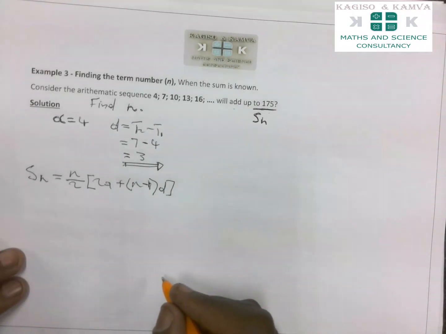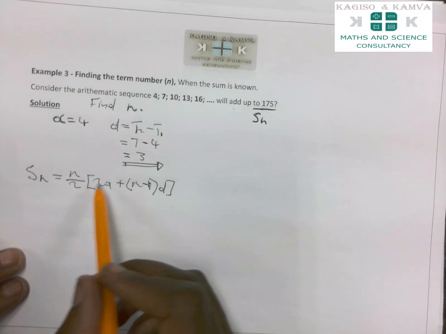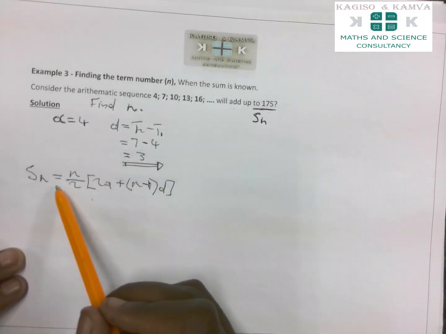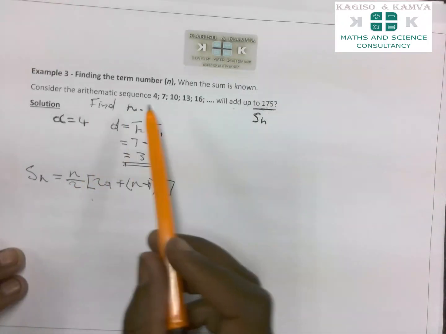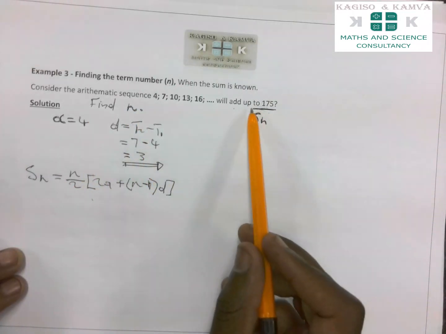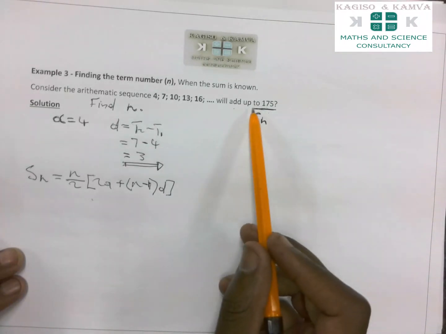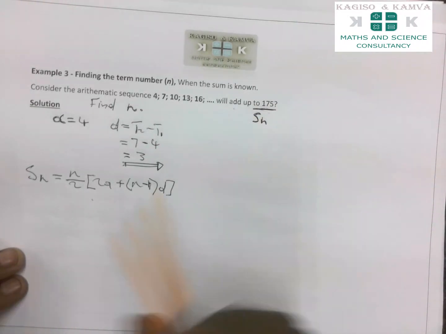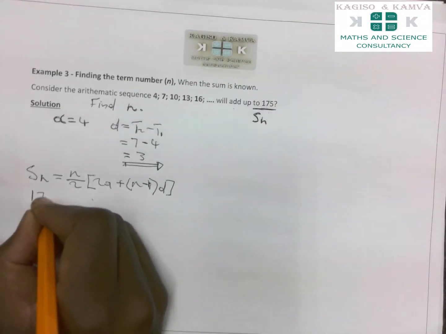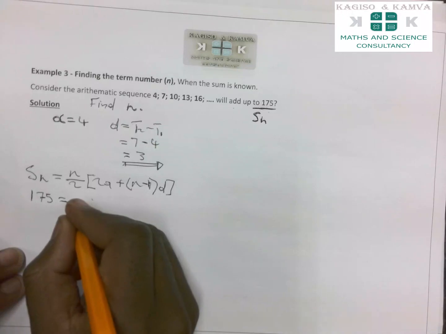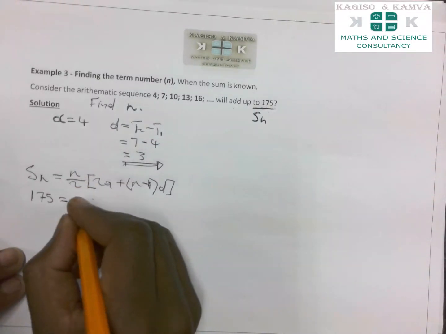Okay. So we know that the sum of the terms will add up to 175. So we have to substitute Sn as 175. Okay, so we don't know what we're looking for. We're looking for n.